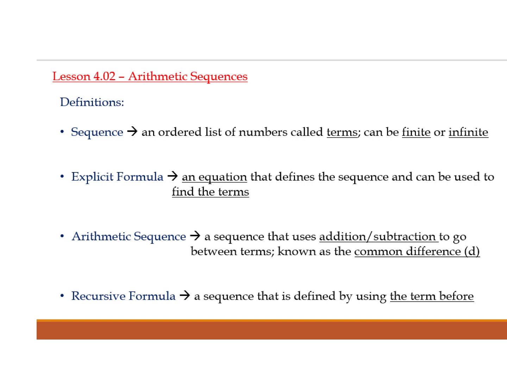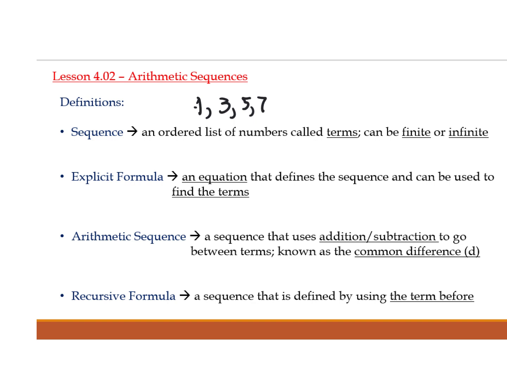A sequence that looks like 1, 3, 5, 7 is a finite sequence because it ends. It has a specific number of terms, 4 terms.